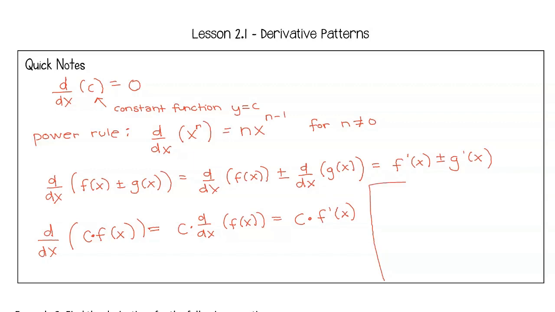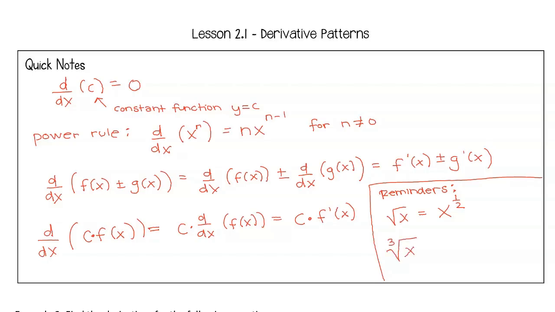Okay, just a couple of reminders. The square root of x is equal to x raised to the 1/2. We can't use the power rule when it's in square root form, so we need to convert it to x to the 1/2. The same could actually be applied for any root.